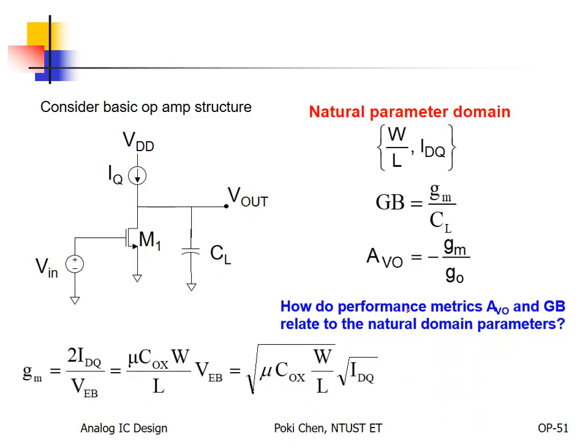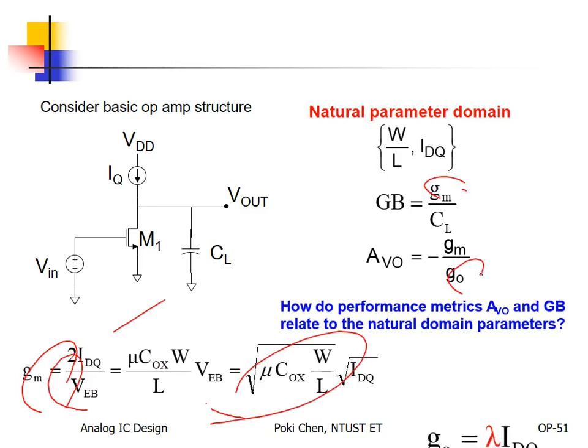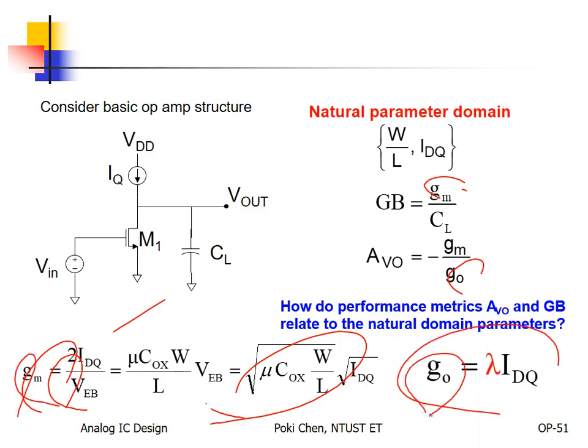See, gm looks like that. And how about go? You can combine this gm and go to achieve your gain bandwidth product and your DC gain.